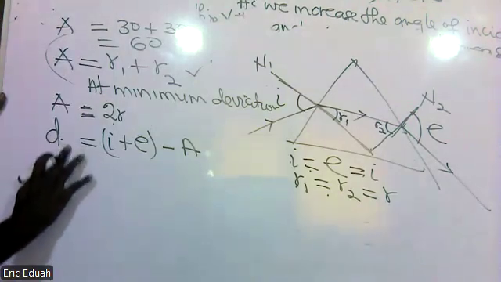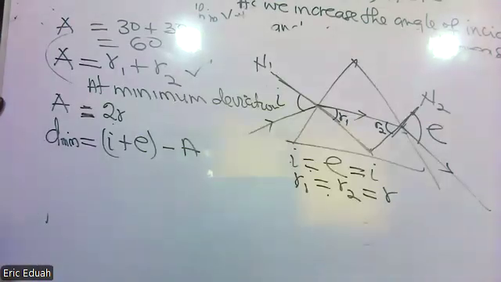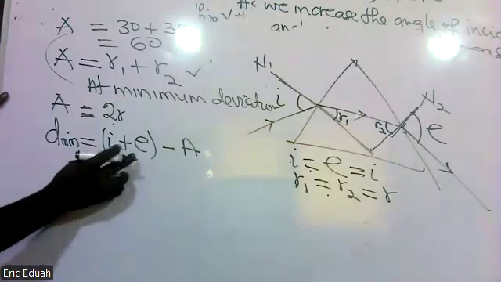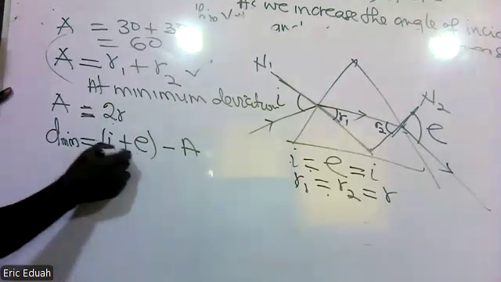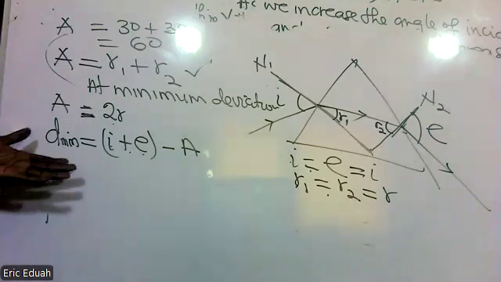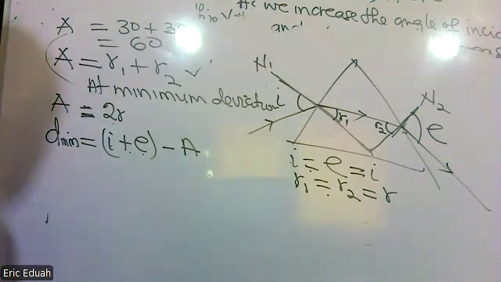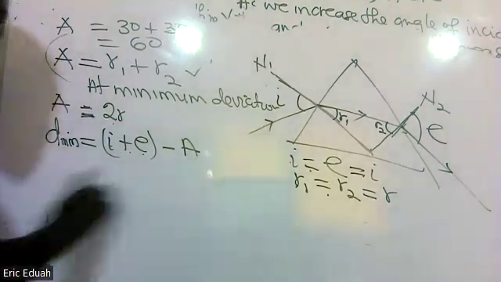So D will change to minimum. How will this also change? I plus E, how will it change? Yes, just share your views. You can be right, you can be wrong. It's part of the game. How will this equation also change?